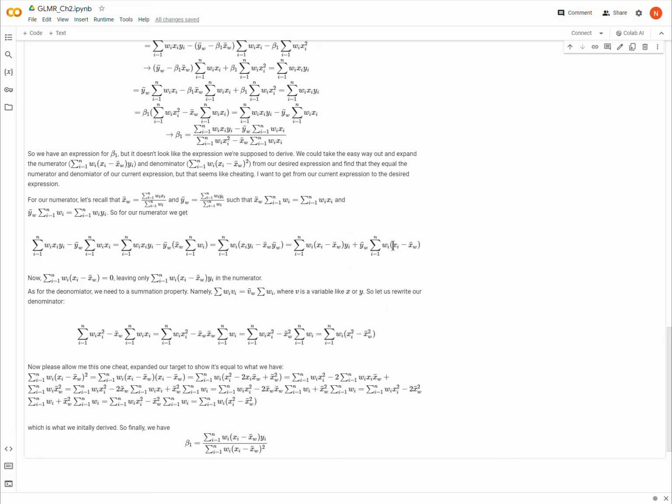Now it turns out that this expression right here equals 0. And just to give a quick sanity check why that should be, forget the fact that we have weighted sums here, that makes it a little bit more difficult to think about. But if you just think about a normal mean, if I were to take the deviations away from the mean and then sum all of those deviations, I would come up with 0.